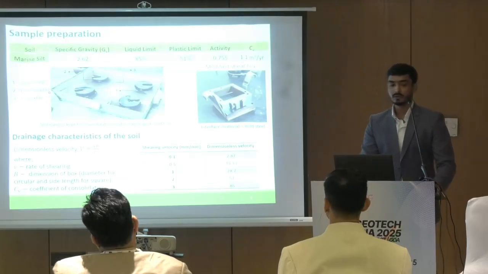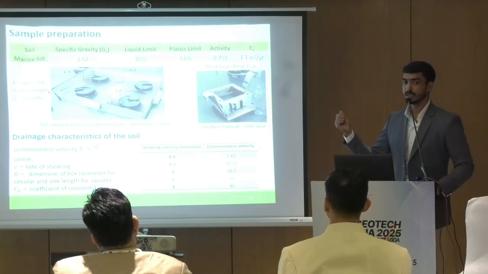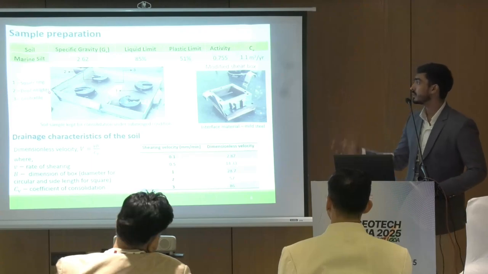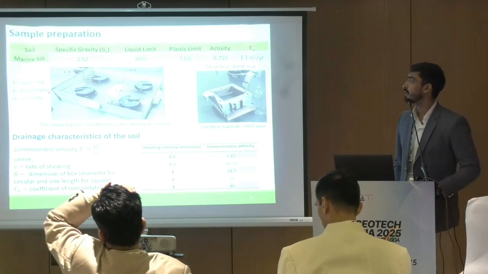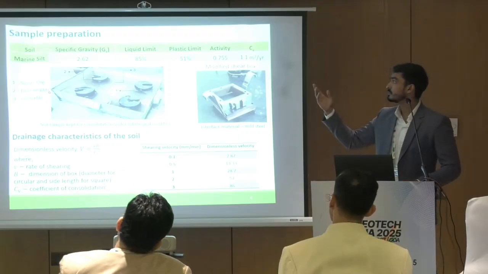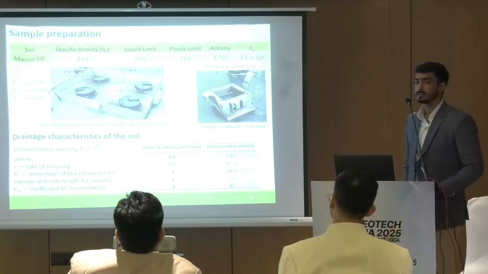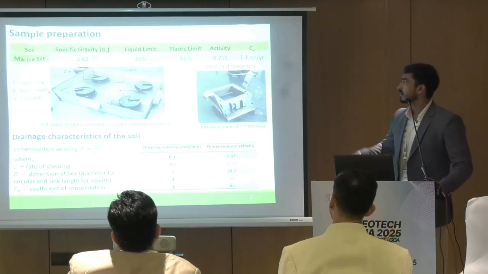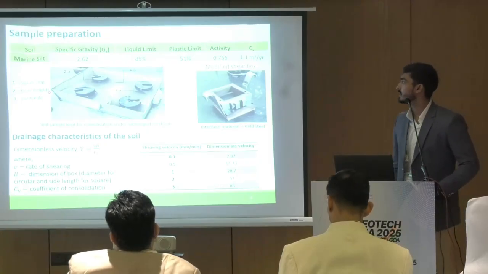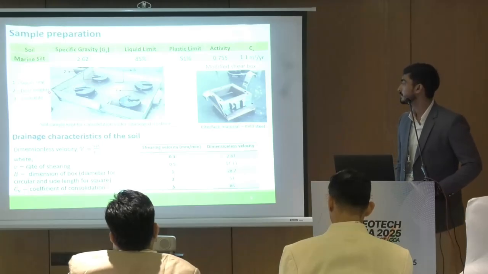So we took the soil which we brought from Vashi, which is an area in Mumbai. After conducting the preliminary test, we found that it is a silt, whose properties are specific gravity as 2.62, liquid limit 85% and plastic limit 51%, and CV value as 1.1 meter square per year.